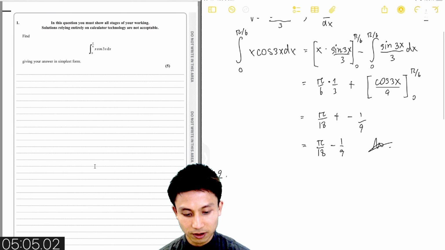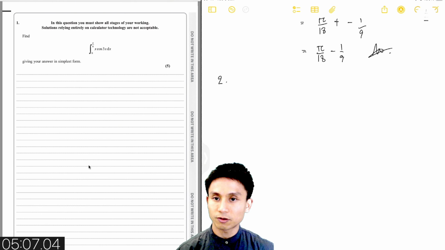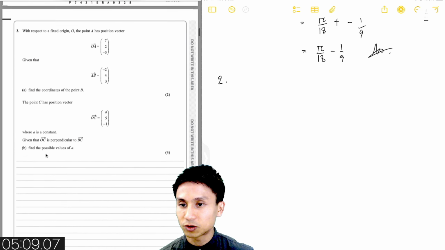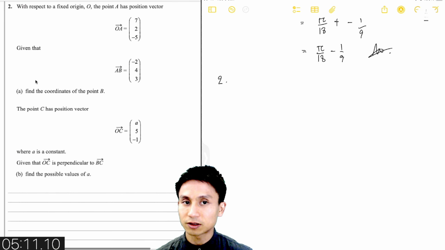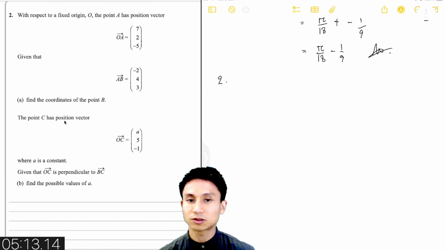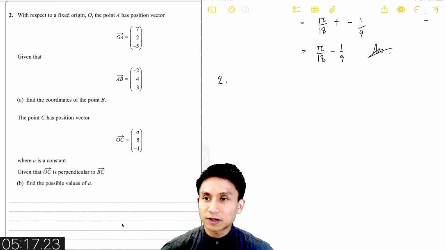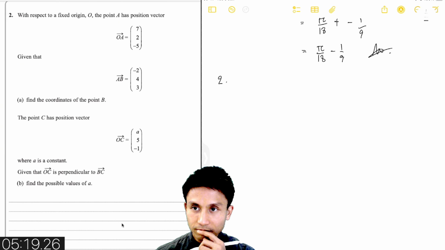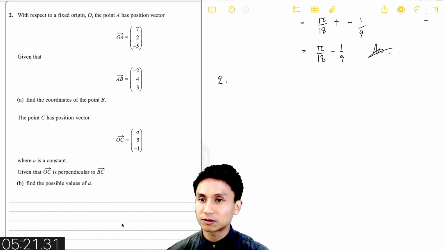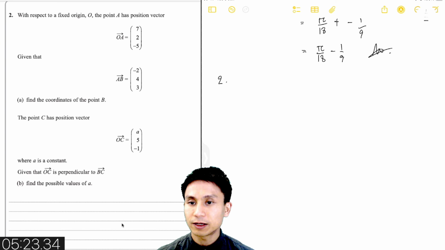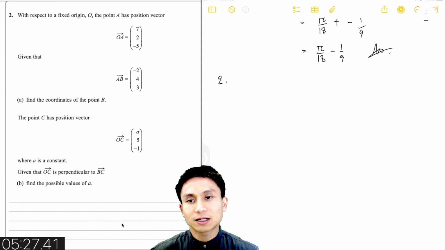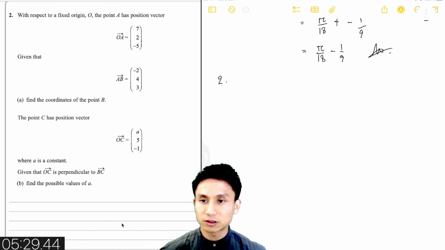Number 2. Alright, so we're just going to go ahead and do number 2 now. This is vectors, guys. Okay, just zoomed in a bit there. So we have, with respect to fixed origin O, the point A has a position vector, blah blah. Given that AB is this, find the coordinates of point B. Alright, so there's a couple of ways you can approach solving this problem.